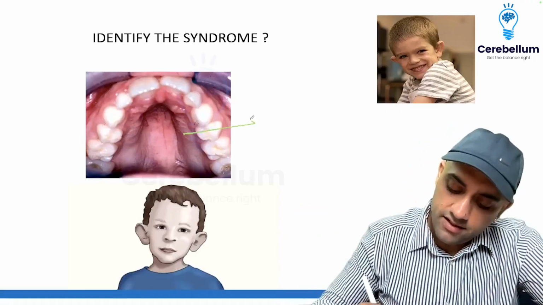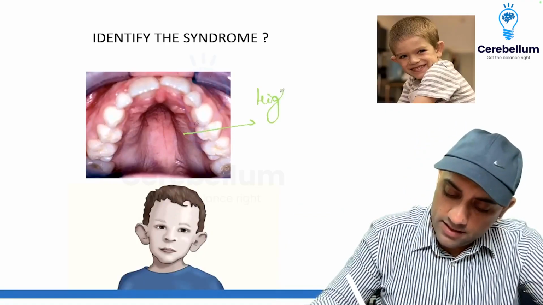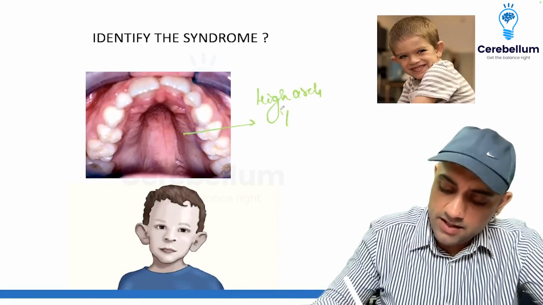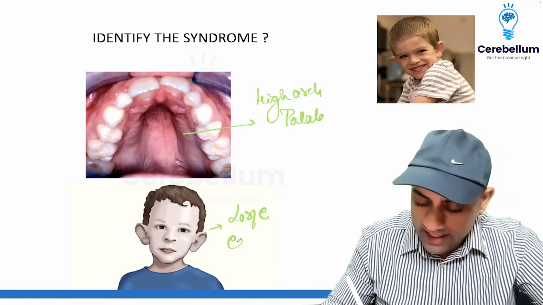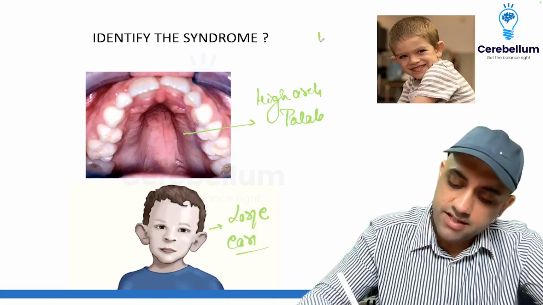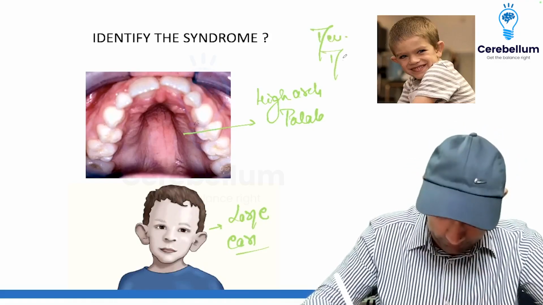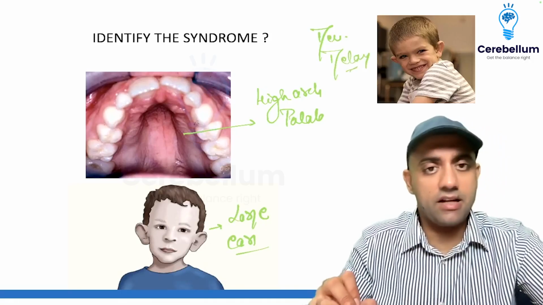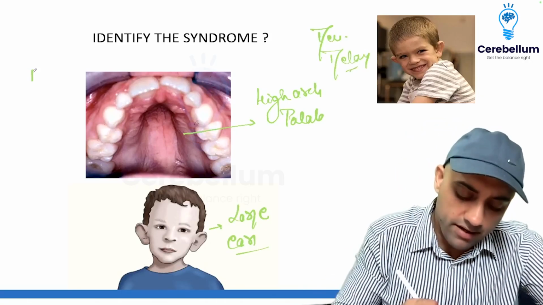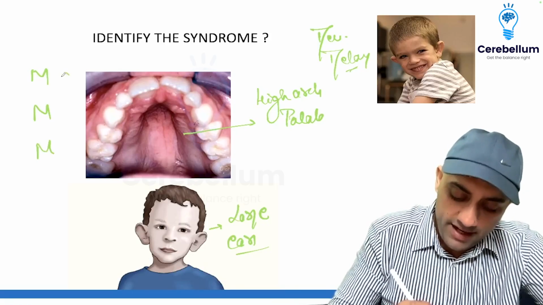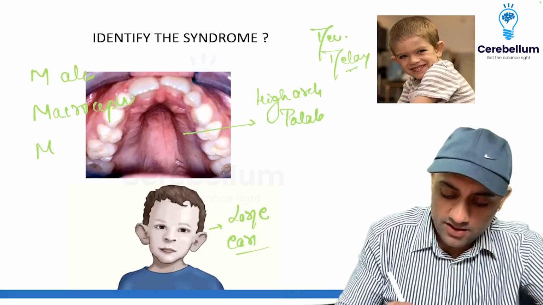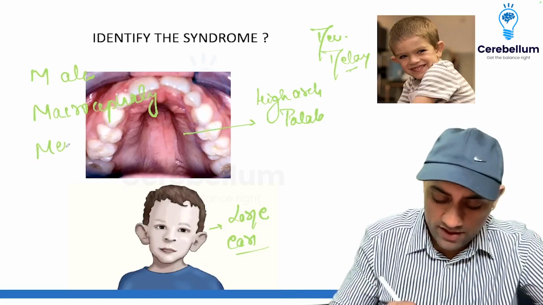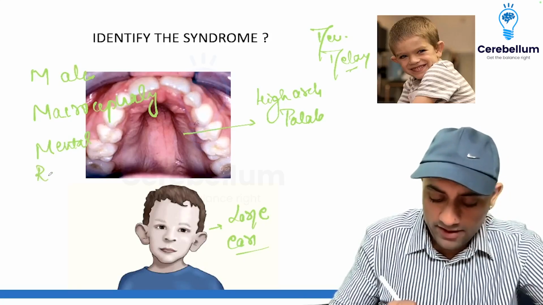This baby has a triad of high arch palate, number one, and number two, large ears, plus developmental delay. And remember MMM. This is a male patient with macrocephaly. Everything is large in this patient. Male patient with macrocephaly with mental retardation.